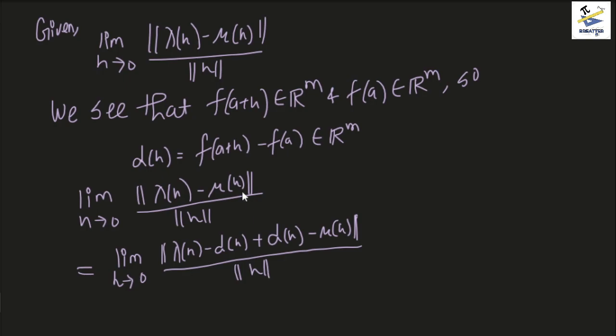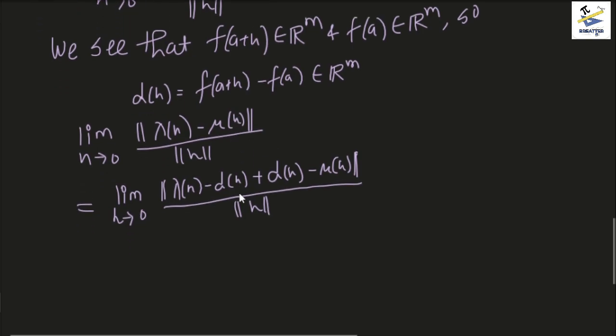So this can be written well. Now we understand the properties of the norm, where the norm of a plus b is less than or equal to the norm of a plus the norm of b, right?